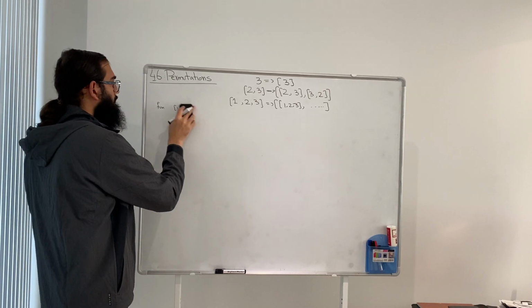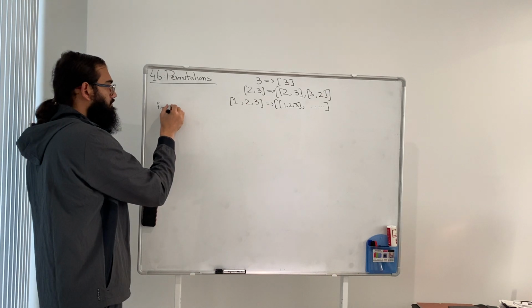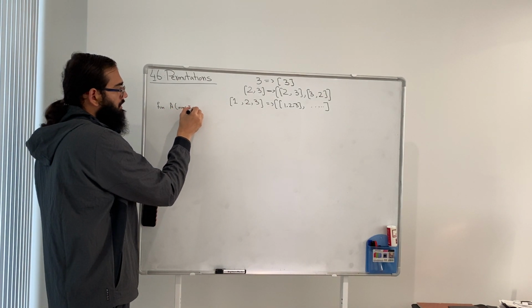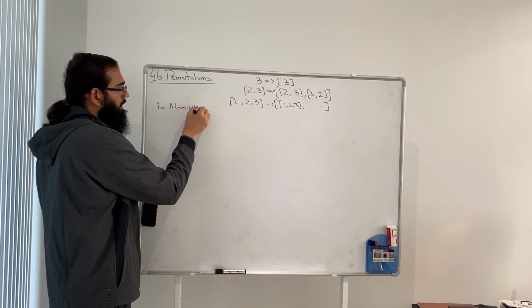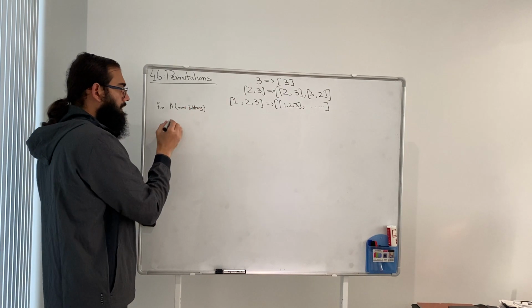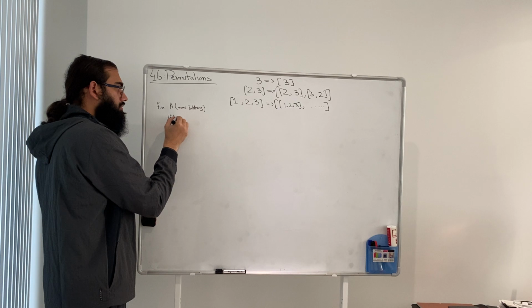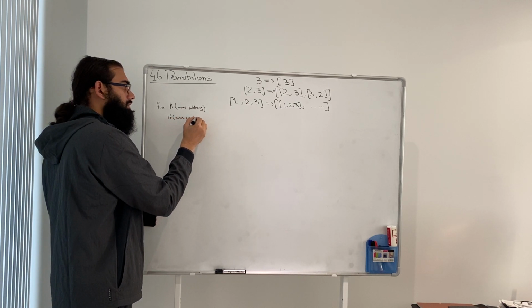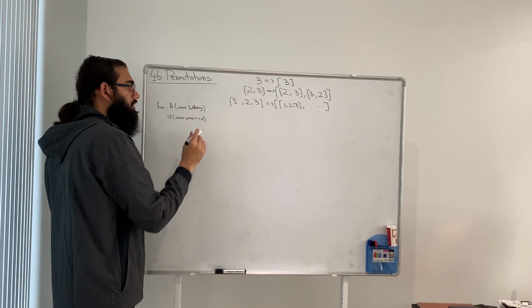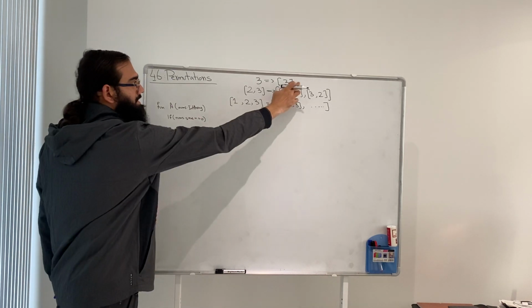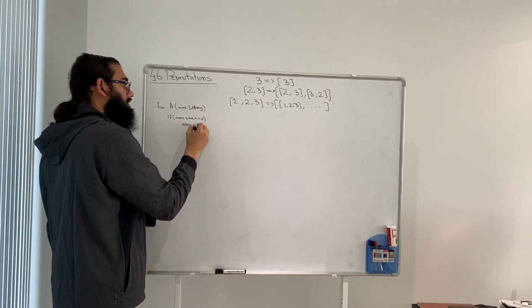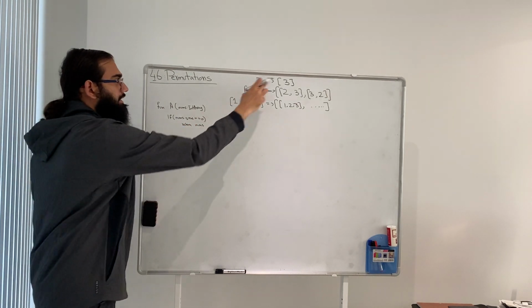So for that my algorithm will be func nums, int array. Okay, if nums.size is equal to 0, which means now we have this case, return nums. Okay, I return this.